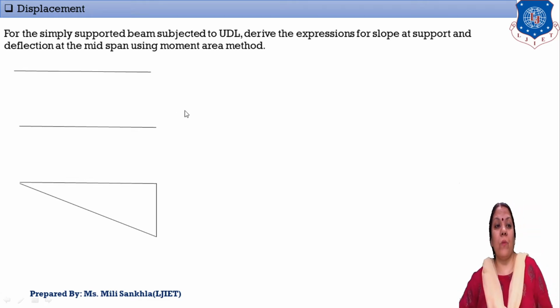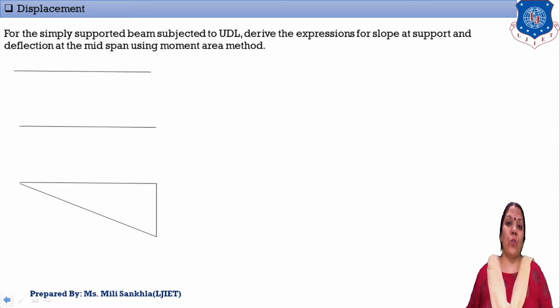Here in this example, for a simply supported beam subjected to UDL load on the entire span, find the slope at support and deflection at mid span using the moment area method. First of all we draw the simply supported beam.